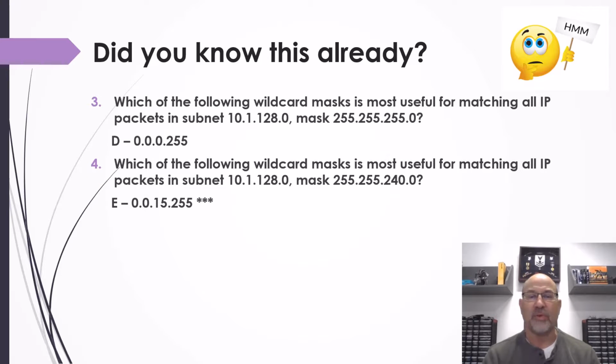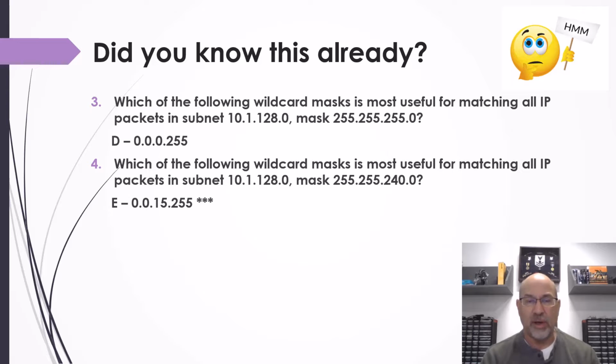Question number 3, which of the following wildcard mask is most useful for matching all IP packets in a subnet 10.1.128.0 with a mask of 255.255.255.0? And the answer was D. We're going to match a whole subnet, or at least a whole class C address space, which is 0.0.0.255.